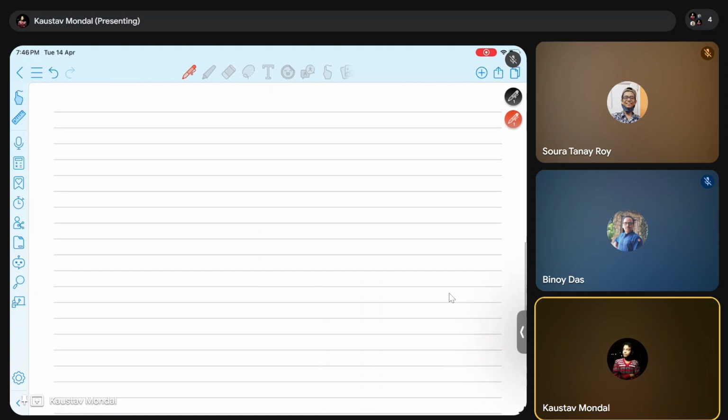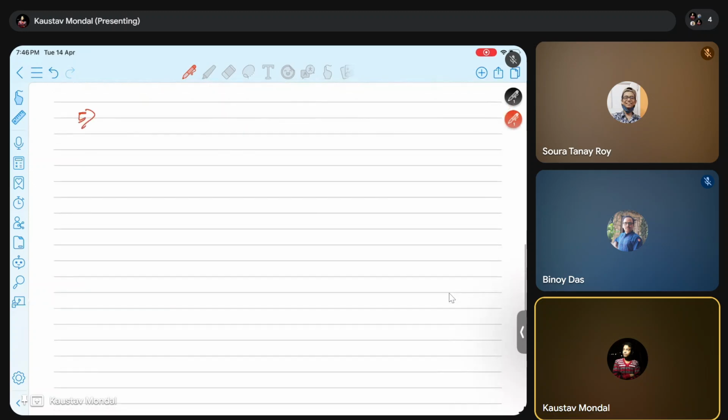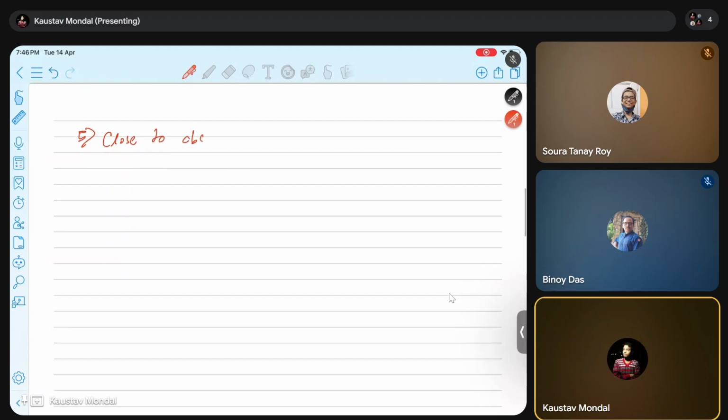Problem: close to absolute zero temperature, the difference between specific heats goes to.